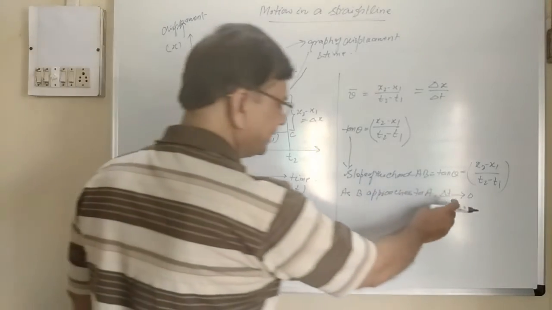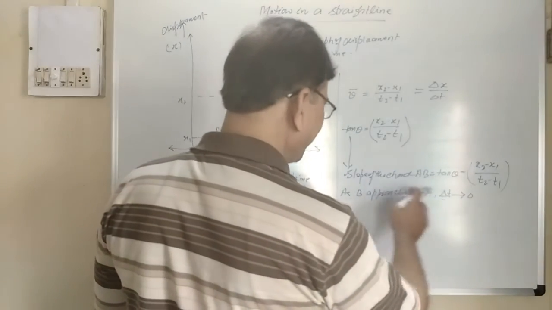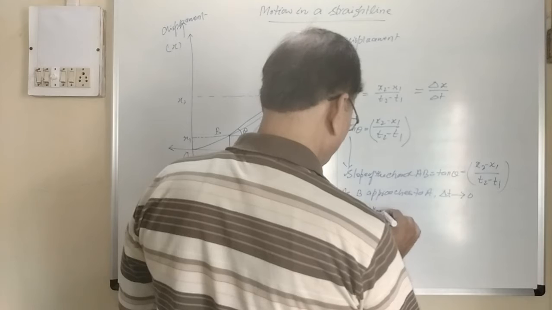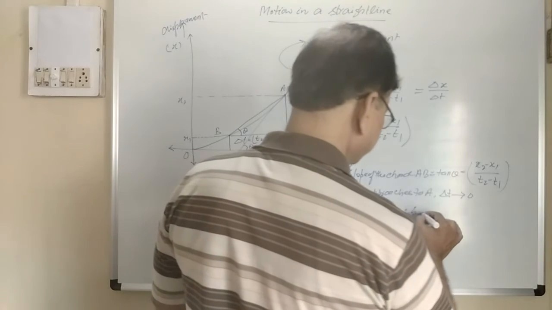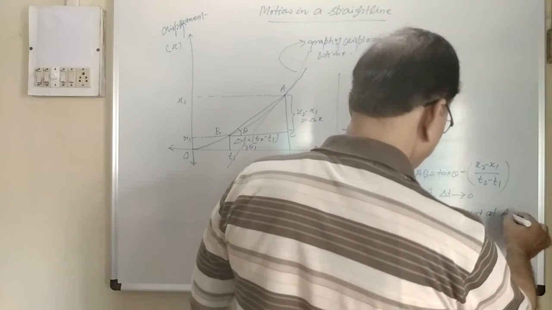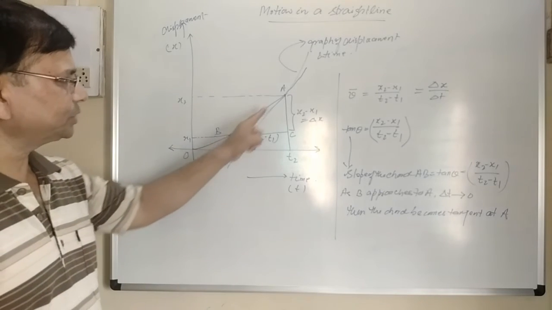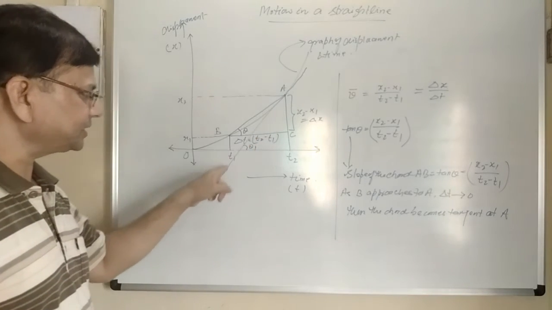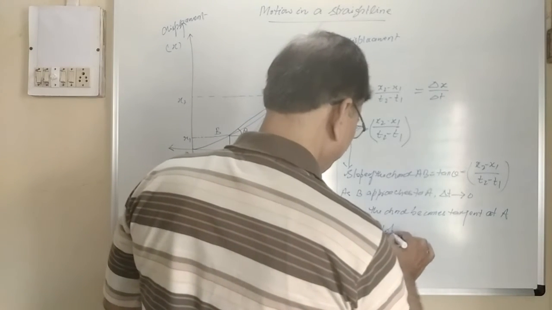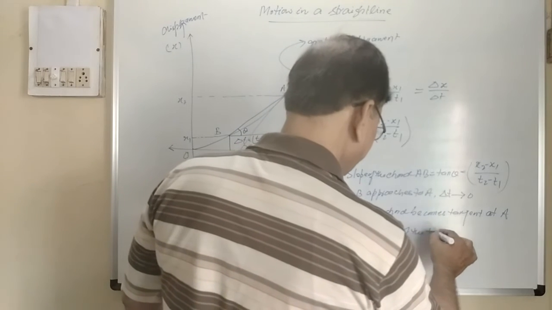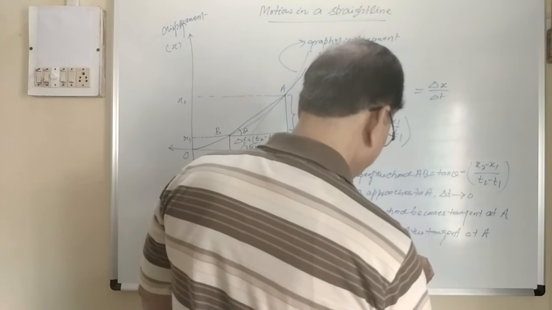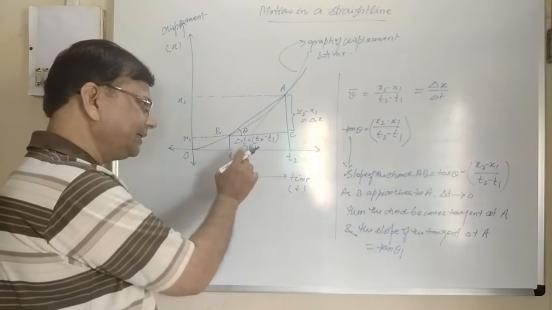It means when delta t approaches 0, B approaches A, and then the chord becomes the tangent at A. When B approaches A, this chord becomes the tangent, and the slope of the tangent at A is equal to tan theta 1, because the tangent makes angle theta 1 with this axis.